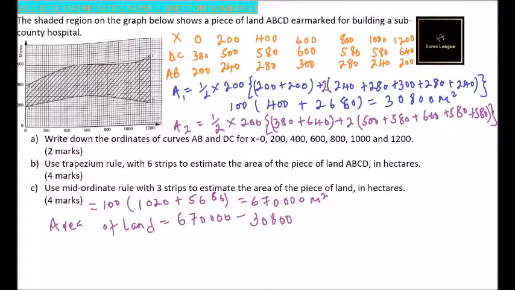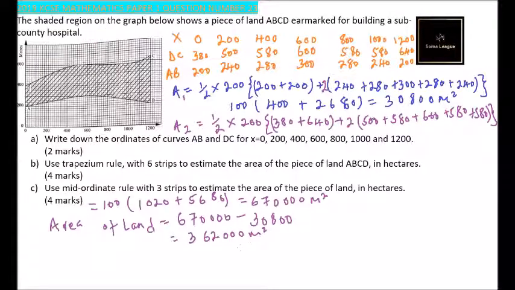When you subtract that, you get 362,000 meters squared.